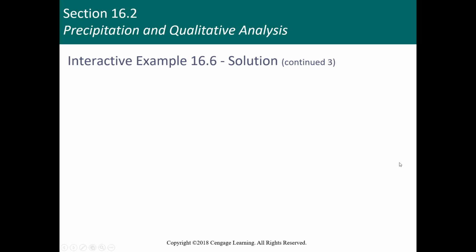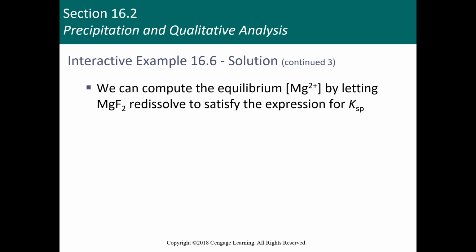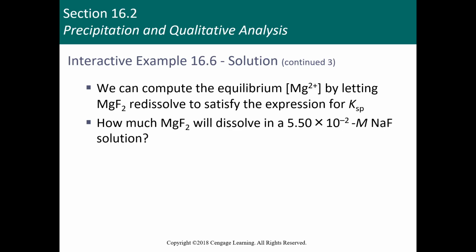That's the only little difference. So we can go ahead and compute now this equilibrium Mg2 plus by letting the MgF2 redissolve to satisfy our KSP. So how much MgF2 will dissolve in this 5.5 times 10 to the negative 2 sodium fluoride solution? That's what we've made this problem into. We have reframed this problem to make it simpler.